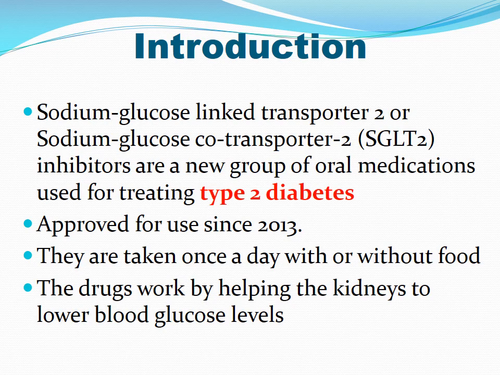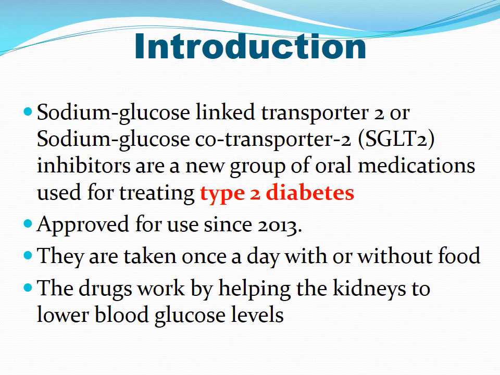They are a new group of drugs used for treatment of type 2 diabetes, and given orally. They were approved for use since 2013. They are taken once daily with or without food.